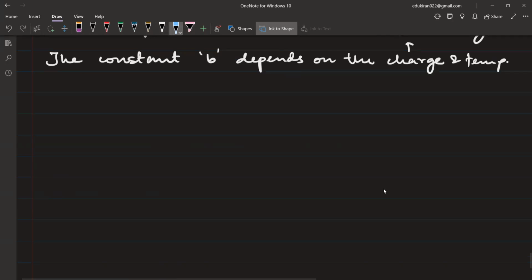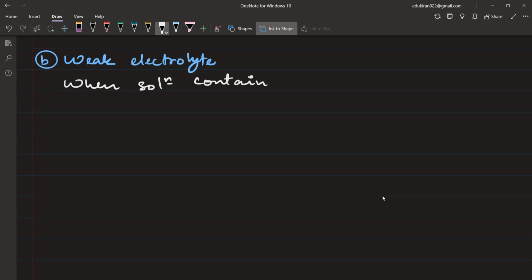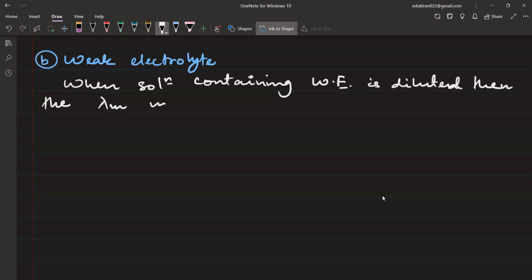Right, next B part, weak electrolyte. When a solution containing weak electrolyte is diluted, then the molar conductivity increases very sharply.